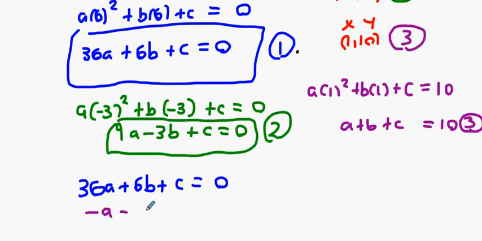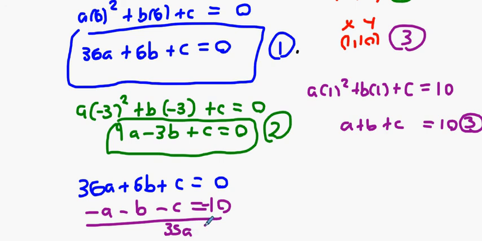Minus a minus b minus c equals minus 10. I get 35a plus 5b equals minus 10. Is that okay?